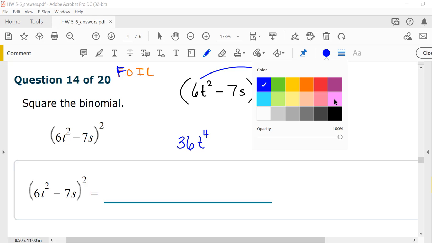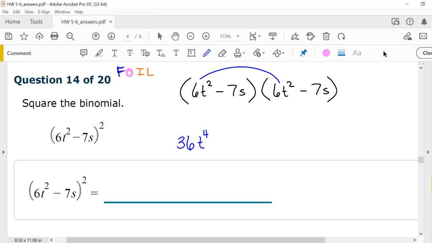For the outer terms, I'm going to multiply 6t squared times negative 7s. 6 times negative 7 is negative 42. Okay, t squared s, I'm going to do in alphabetical order, st squared. Now for the inner terms, negative 7s times 6t squared.